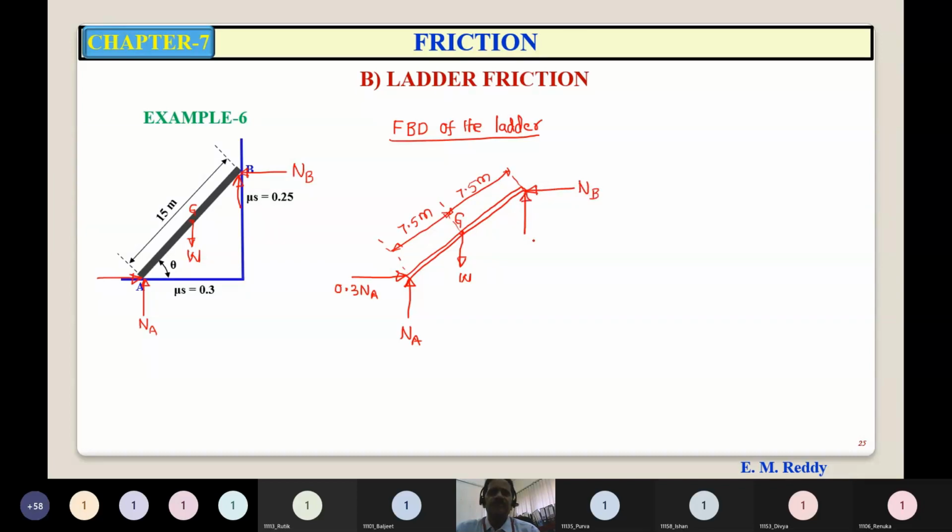Friction force 0.25 NB. Angle theta. So that is the first step. The second step is writing equations of equilibrium. So 23 degrees... 23.2.